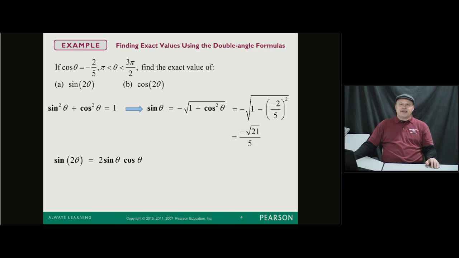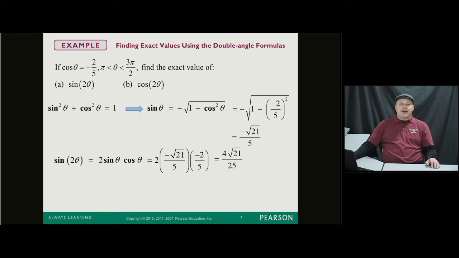I now know what sine of theta is. It's negative root 21 over 5. I know the cosine of theta is negative 2/5 because that was given to me. And so doing the algebra, it's 4 root 21 over 25.